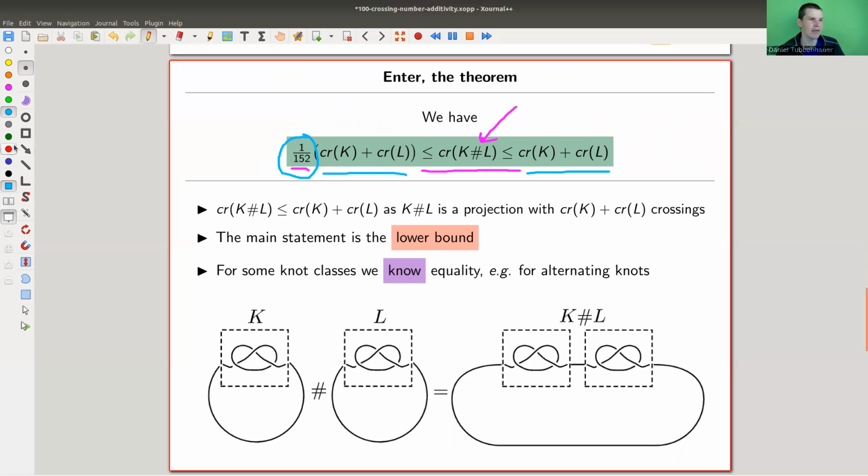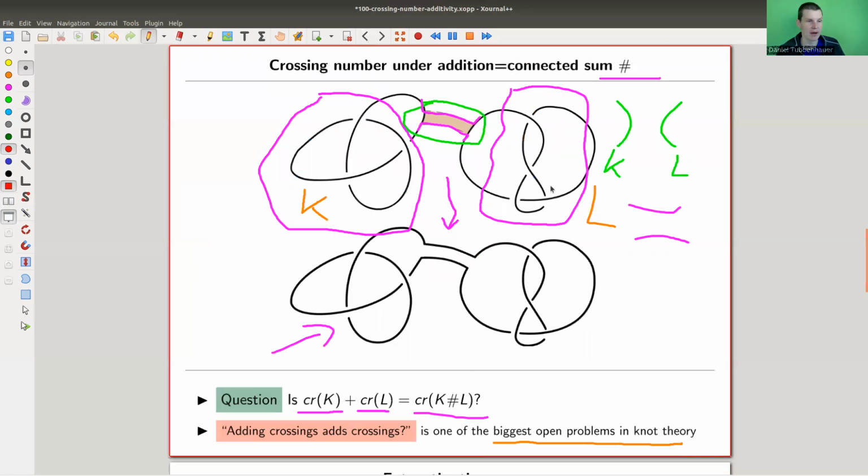And well, this is really simple. Why is this one really simple? Well, in order to check that the crossing number is at most a certain number, that's what we want, we only need to find a projection, and we just found a projection here.